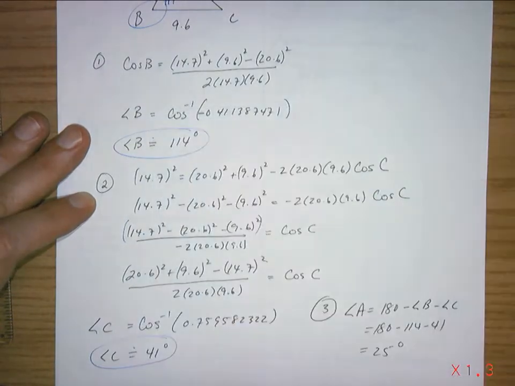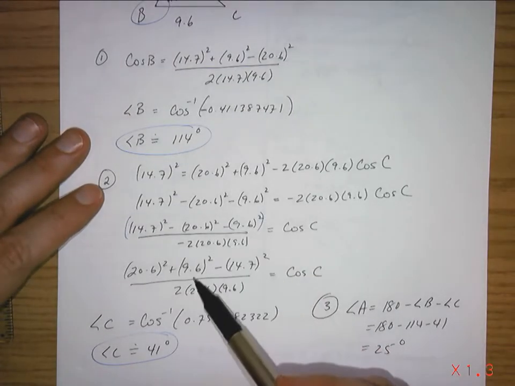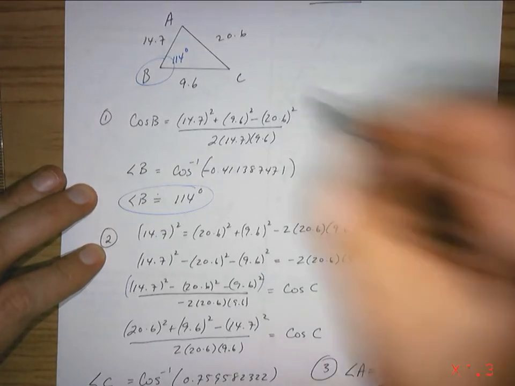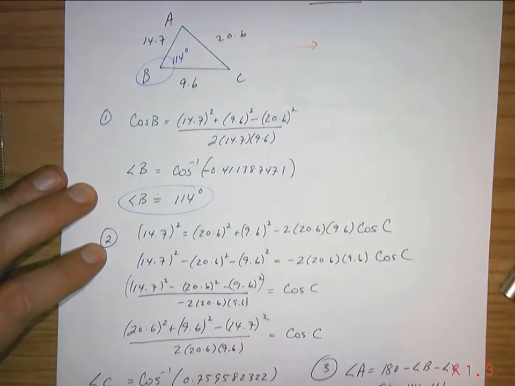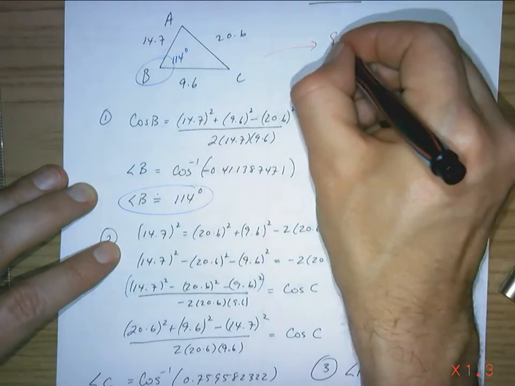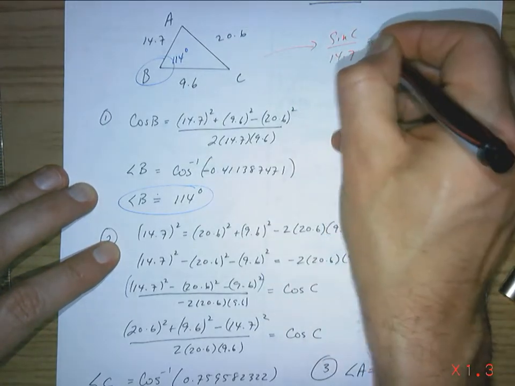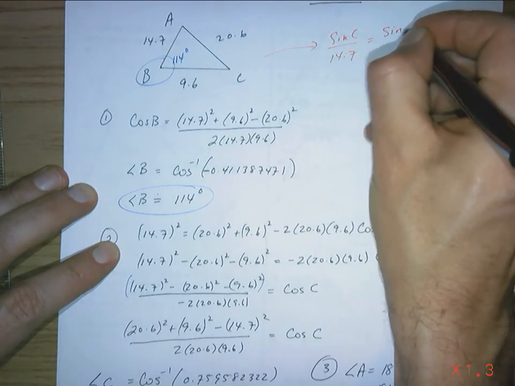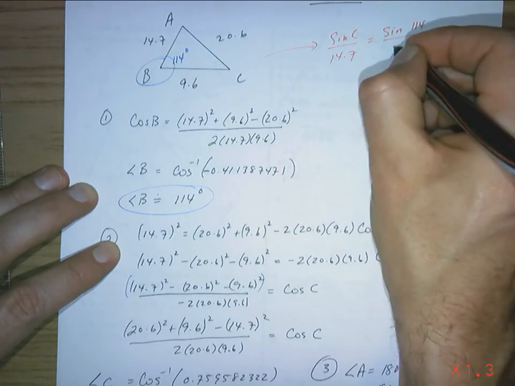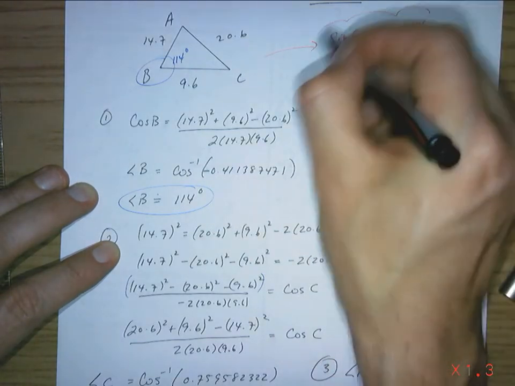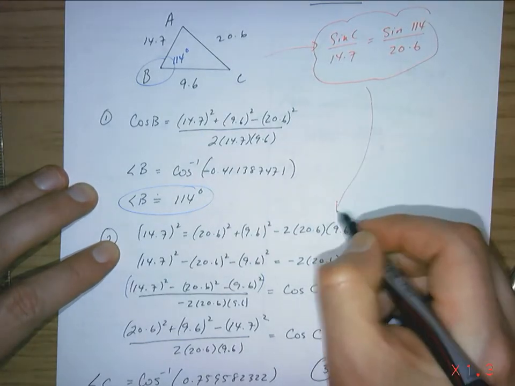And once again, I reiterate, doing this part would have been much easier using the sine law. Just to show you what that would have looked like, let's say I was going after angle C, it would have been sine of C over 14.7 equals sine of 114 over 20.6. That's all you would have had to do, and you wouldn't have had to do any of that work.